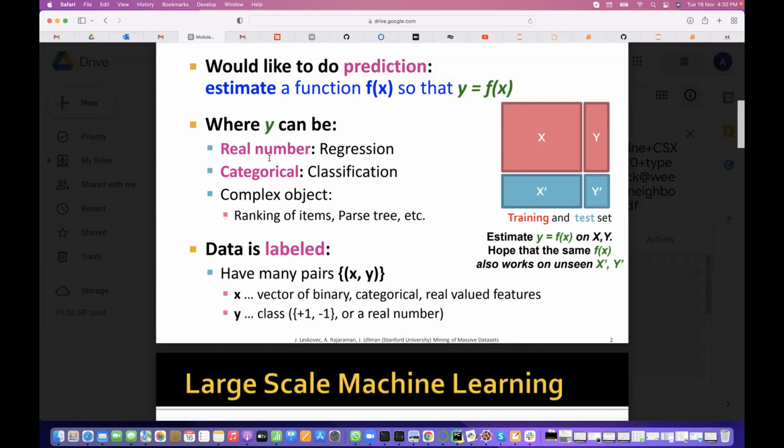If it is a class, they will take the dominant class. If a value is to be derived, what value do they take from nearest neighbors? Average. So complex objects, ranking of items, sparse trees, etc. Here we have a training set and test set. Estimate y equals f(x) on x, y. Hope that the same f(x) also works on unseen x, y.